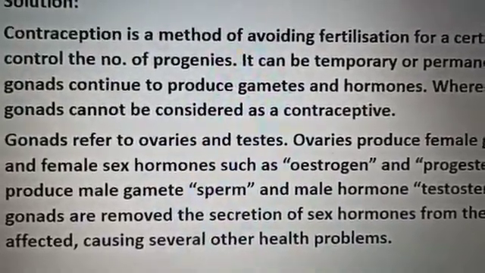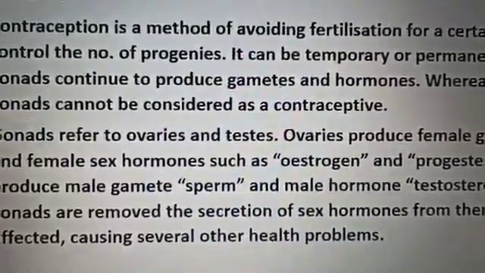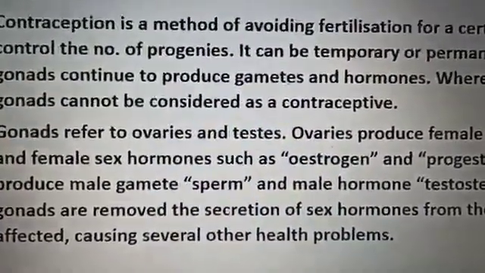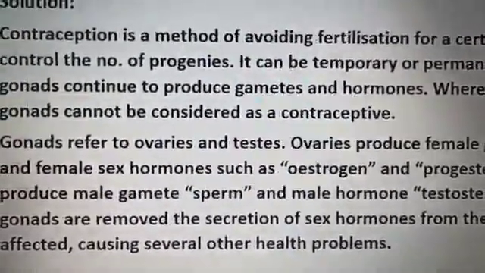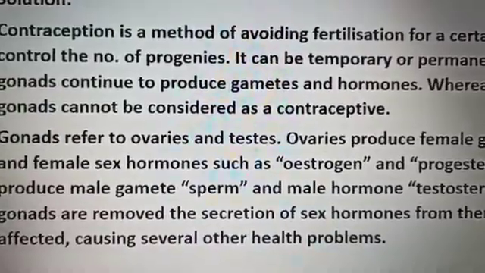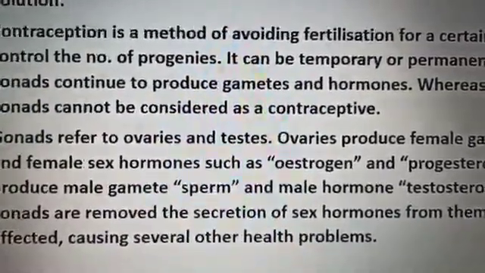If these gonads are removed, obviously there will be no formation of gametes, means sperms or ova. But what about the hormones released by these gonads? Those will also not be released in the body, and that will bring several other health problems.